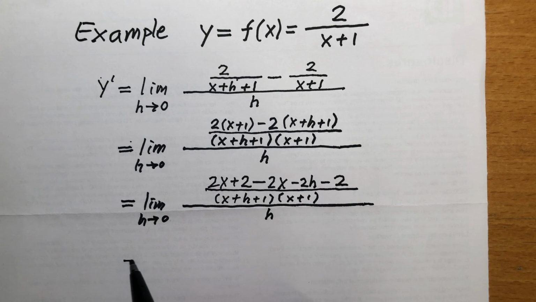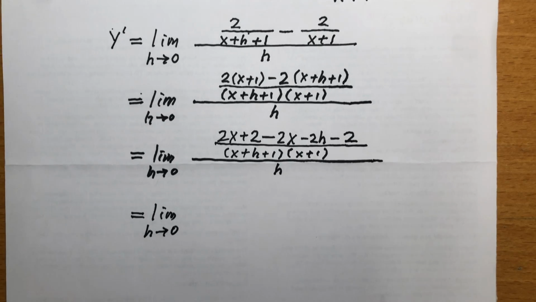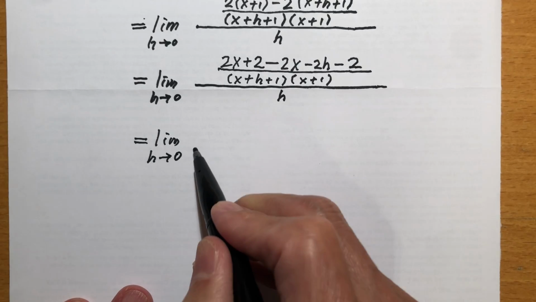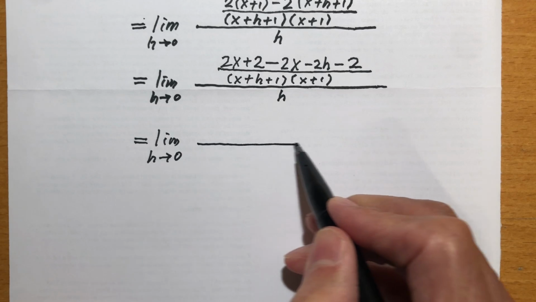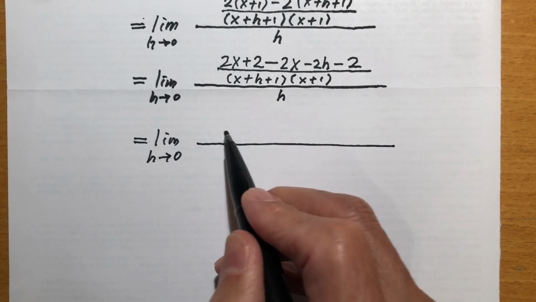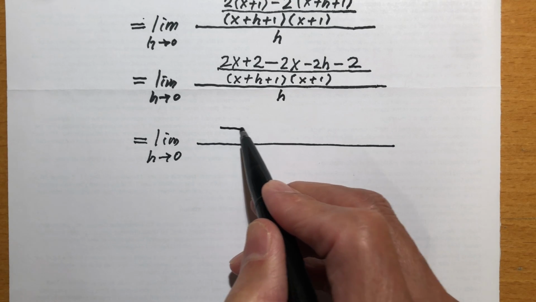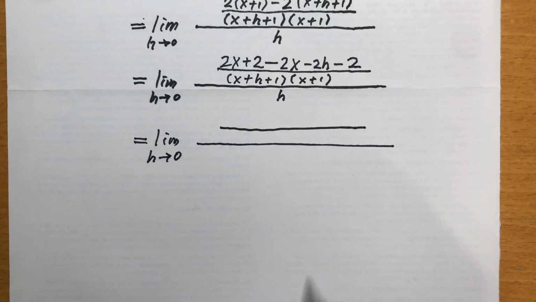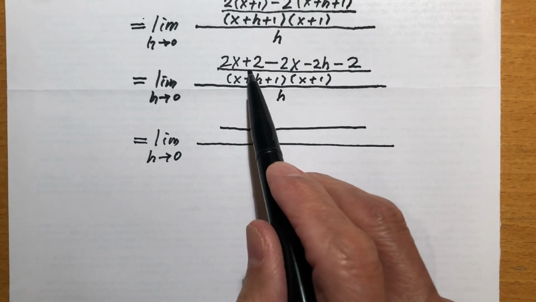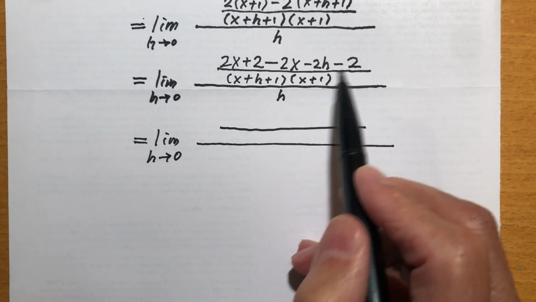Okay, go on. 2x minus 2x is gone. Plus 2 minus 2 is gone.